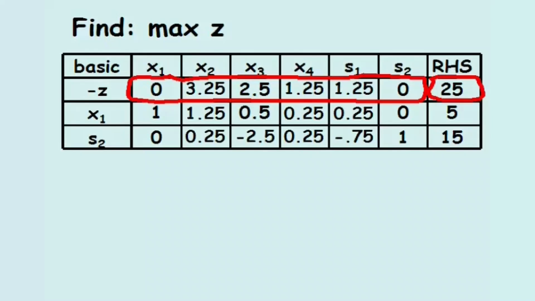Now we return to the first step of pricing out. Since the reduced costs of all non-basic variables are non-negative, we have found an optimal solution. And since these non-basic reduced costs are all positive, we have found a unique optimal solution.